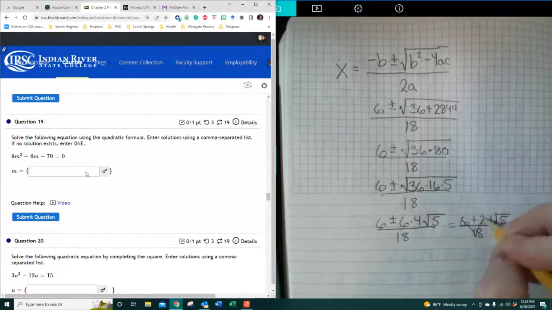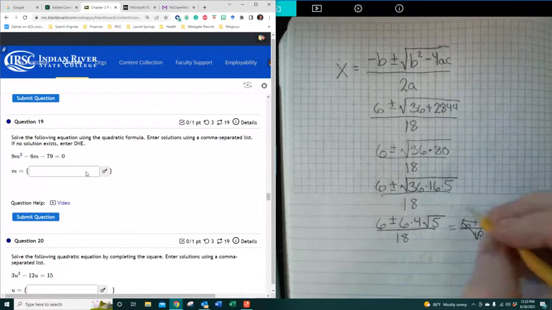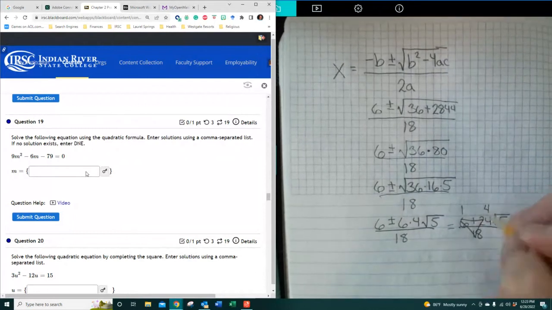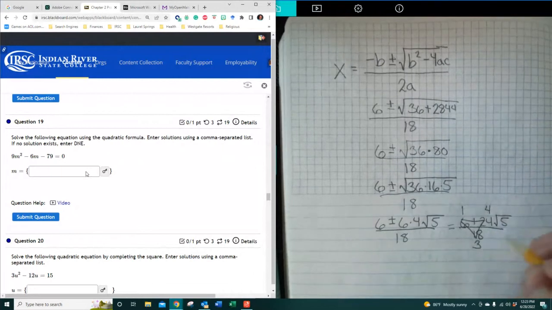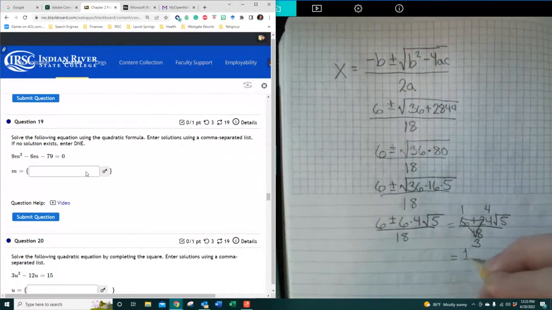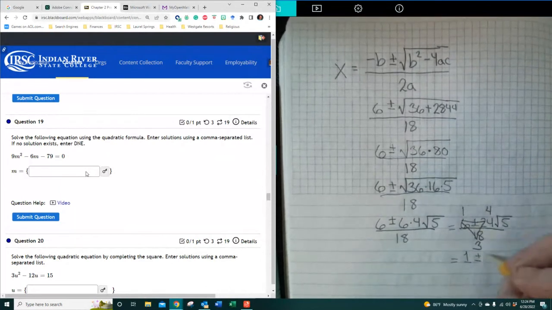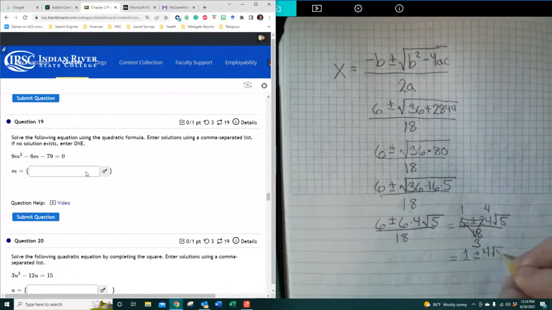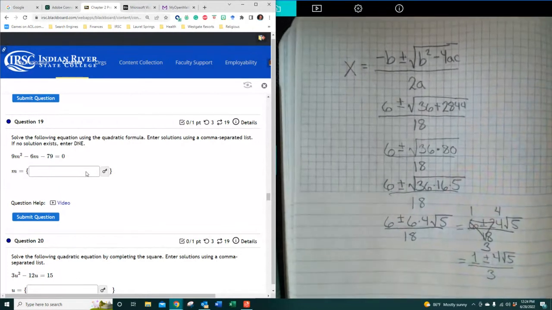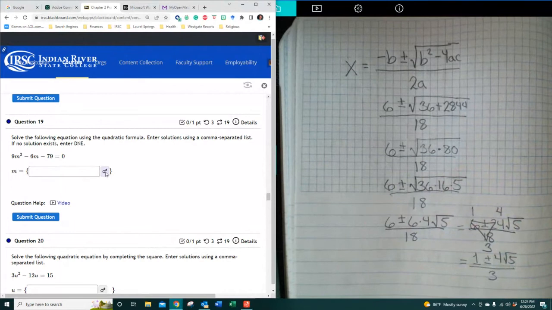And we know that 6 can go into all these. 6 goes into this 1 time, 6 goes into this 4 times, and 6 goes into this 3 times. So our official final resolved answer is 1 plus or minus 4 radical 5 all over 3. And let's see what they come up with for the answer.